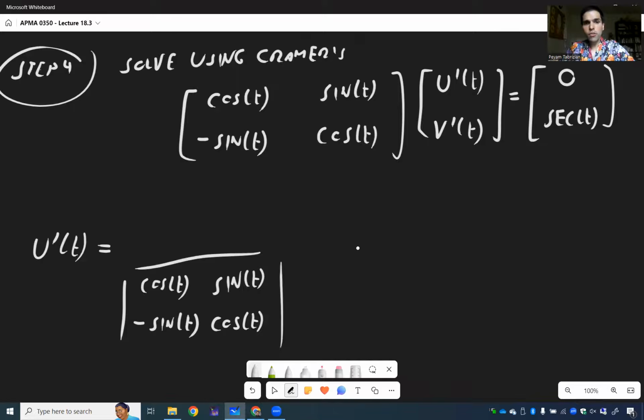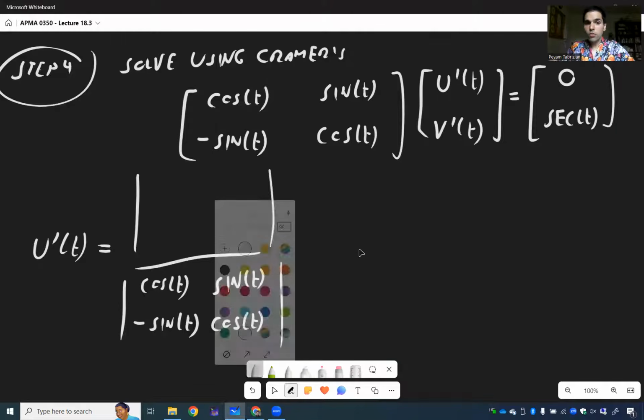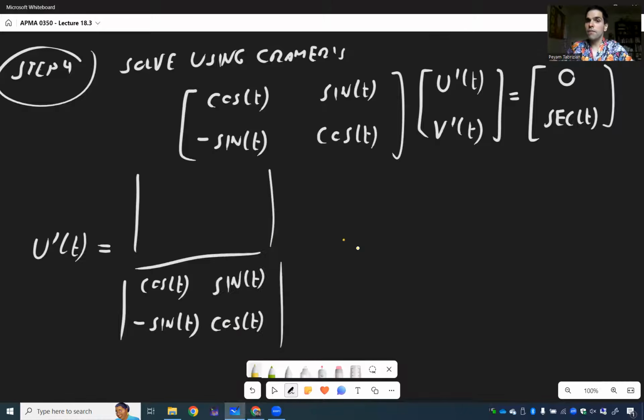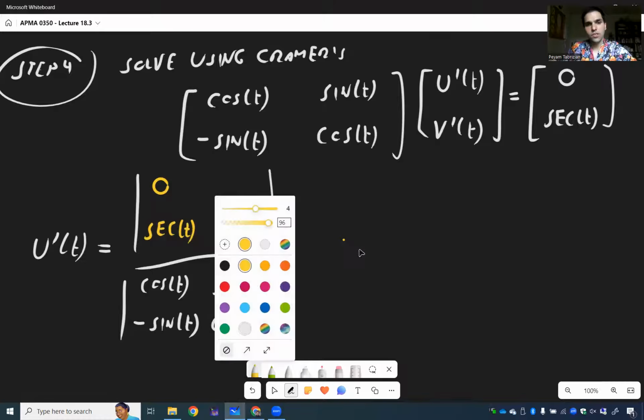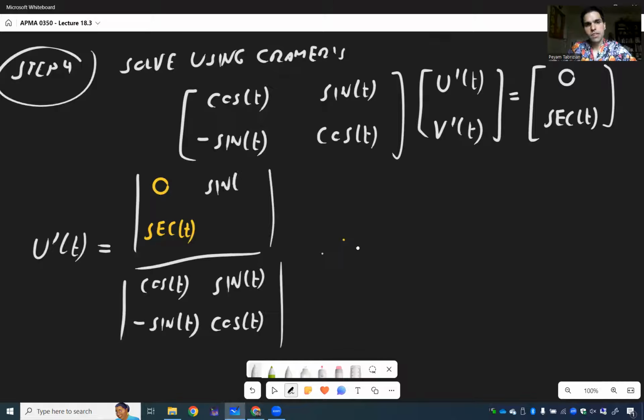And the numerator, remember, you take the same matrix, but replace the first column by your right-hand side. So 0, secant t, and then sine and cosine. Sine of t and cosine t. And then you do it, and you'll see it's not that bad because there is a 0 term. So 0 cosine t minus sine of t secant t.